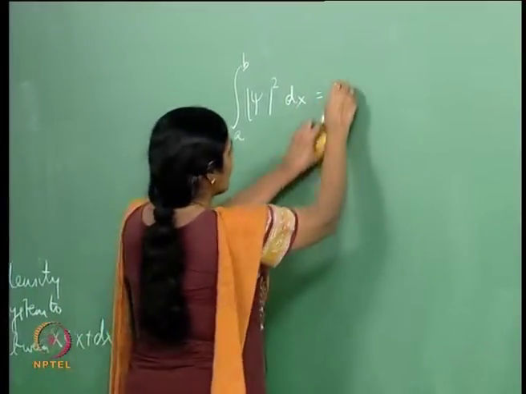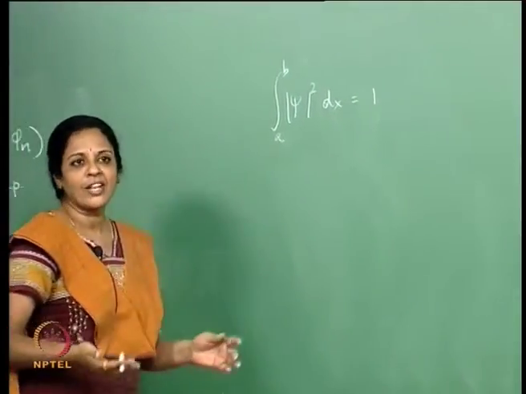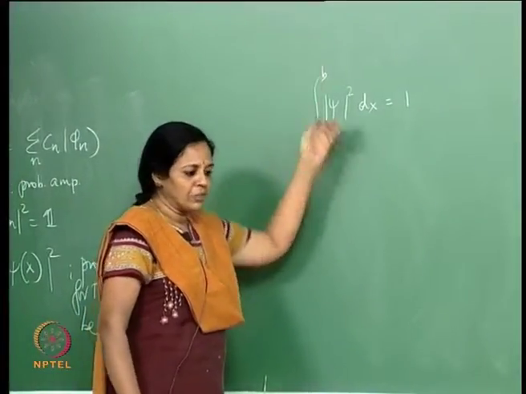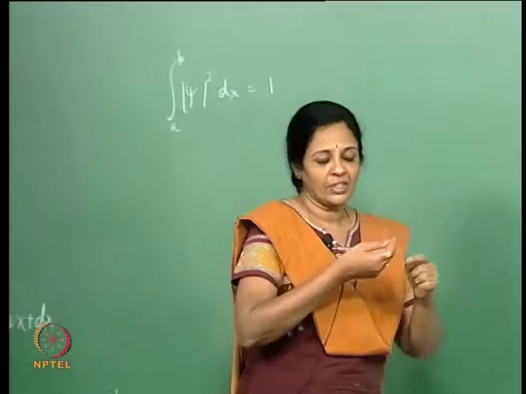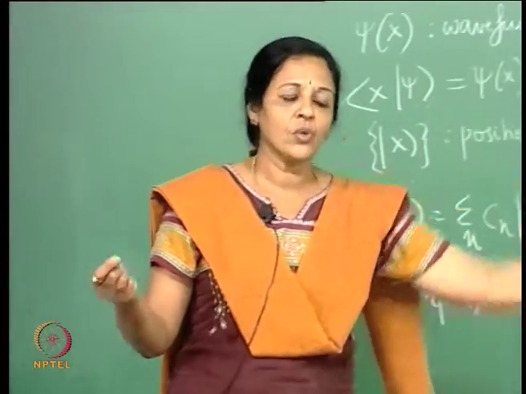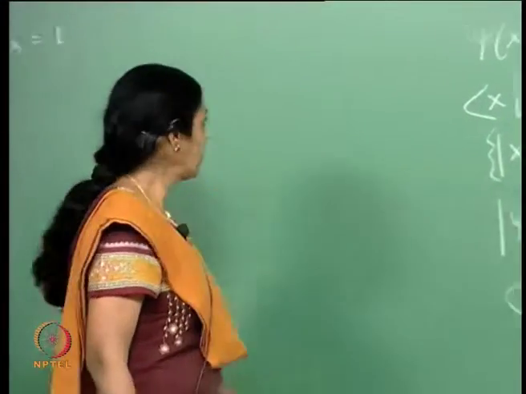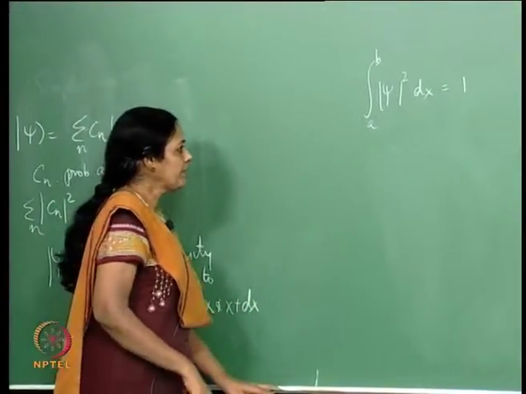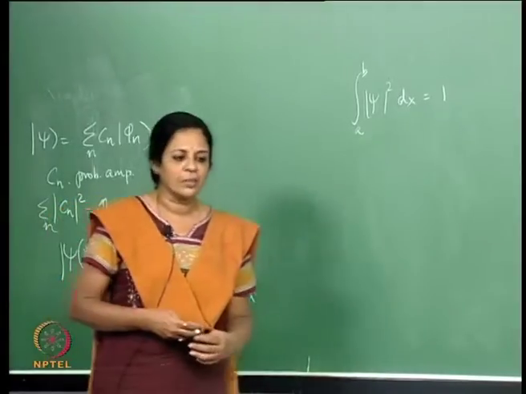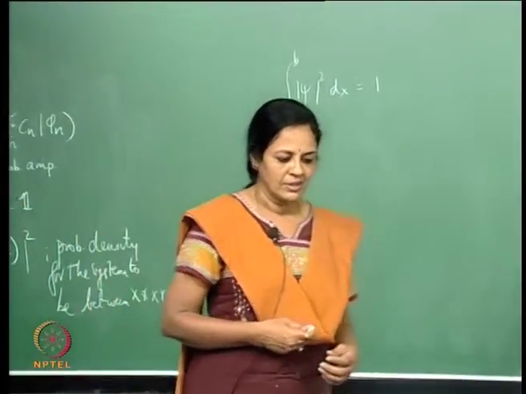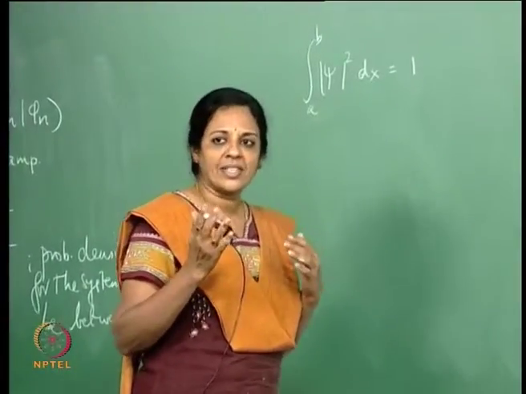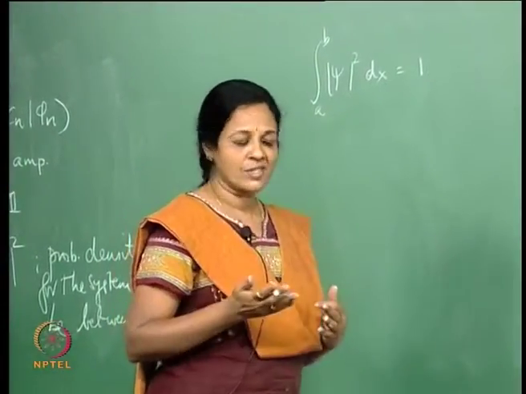You would expect this because this is the total probability that the system actually exists anywhere between A and B, and if we are talking about a free particle traveling along 1 dimension, x going from minus infinity to infinity, the probability that the particle exists is given by 1. So this is the probabilistic interpretation of quantum mechanics, which we already knew in terms of the abstract kets in the Hilbert space.